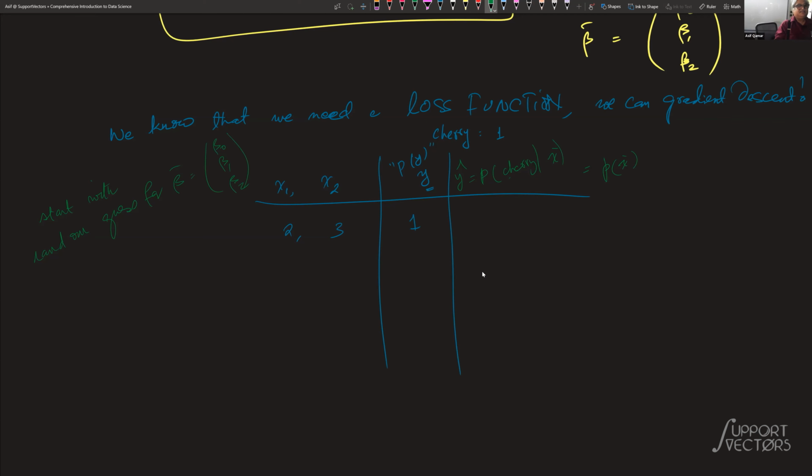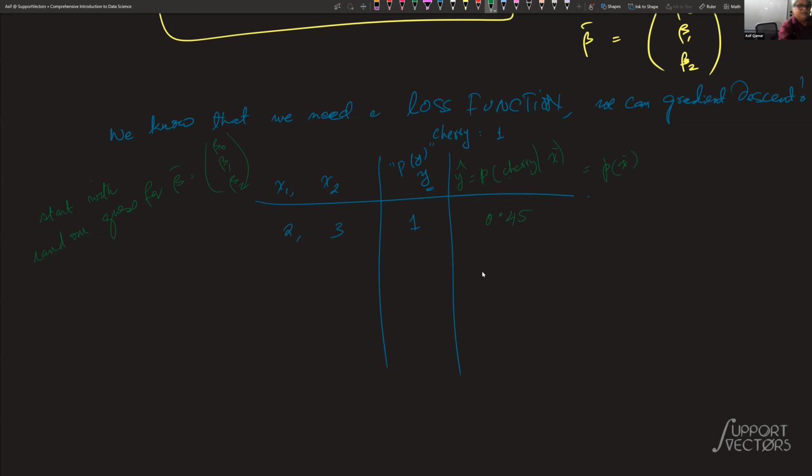And by chance, your prediction says, pick a number between 0 and 1, anything. Anybody? 0.45. All right, so we will take that. Suppose you get 0.45, right?